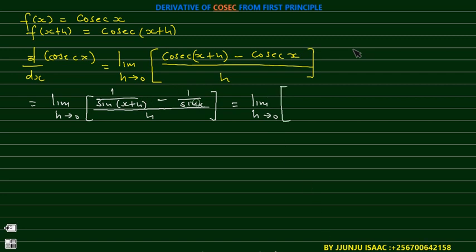So if I find the LCM here, I will get sine of x plus h times sine x, so this will be sine x minus sine of x plus h, then over h.